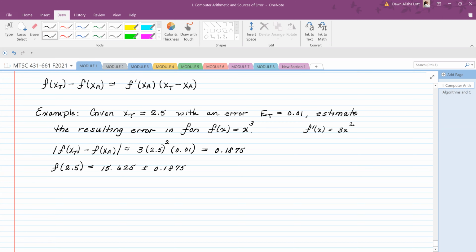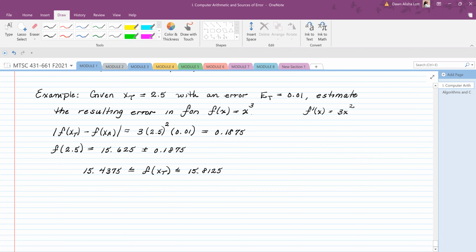So I get that 15.43 is less than or equal to f of x true, which is less than or equal to 15.8125.